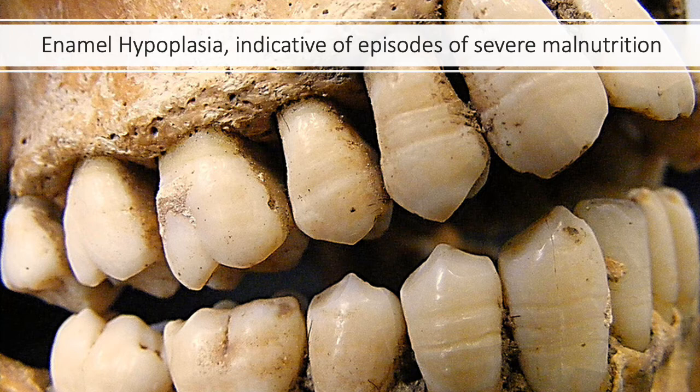And if you have episodes of severe malnutrition or illness, you can develop these lines, these hypoplasias, in the enamel of your teeth. And no matter how long you live, whether you get healthy, whether you become well-fed and never undergo another episode of malnutrition after that, these remain locked in the record of the teeth. And so they present a different kind of ability to look at this.